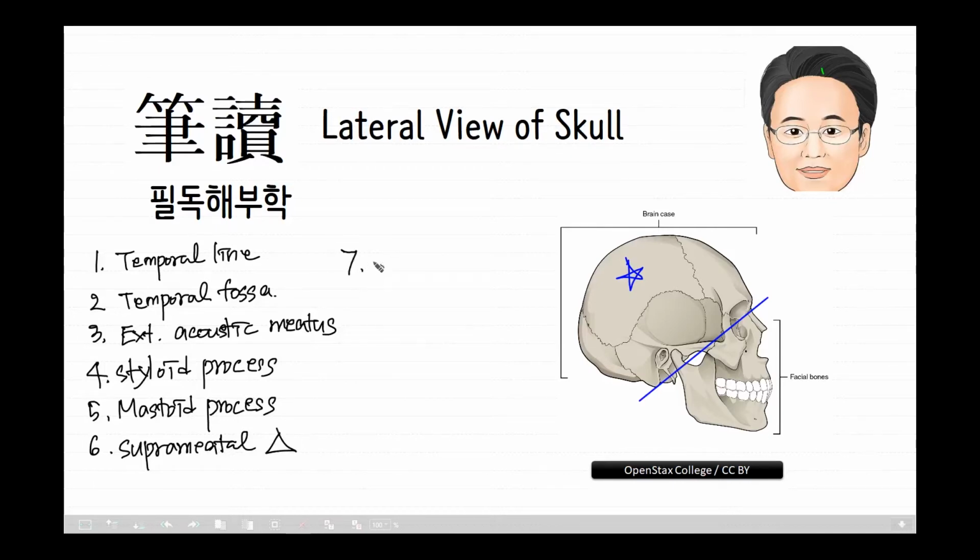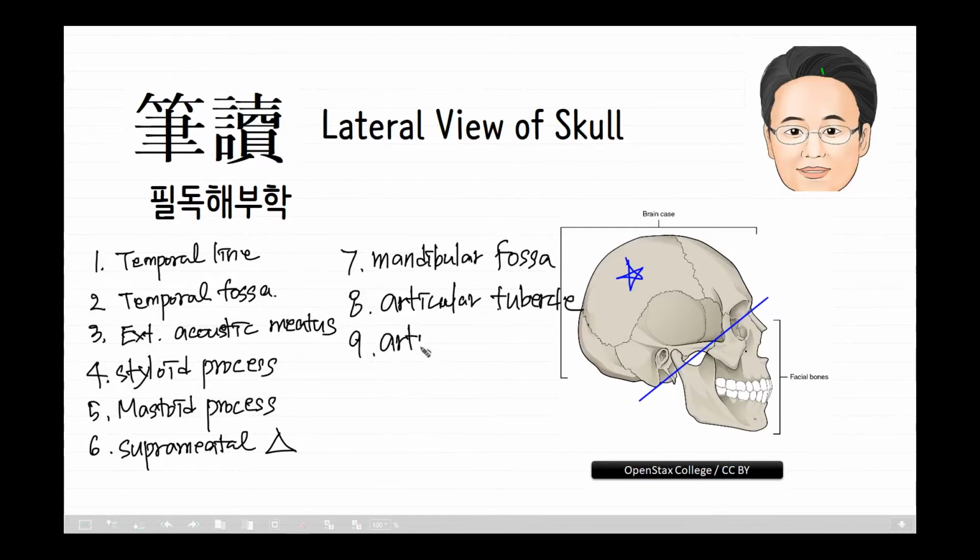Number 7, mandibular fossa. Number 8, articular tubercle. Number 9, articular eminence.